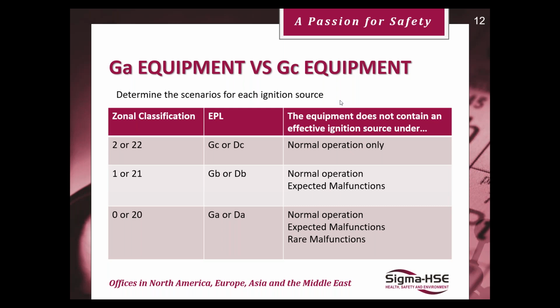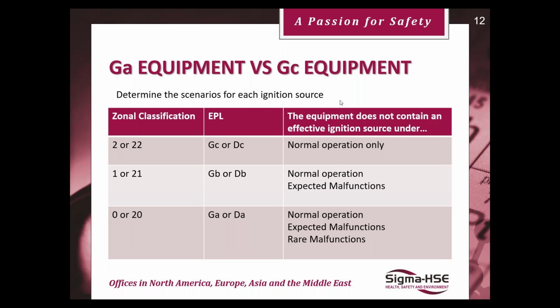So if I was assessing, for example, an equipment like a screw conveyor, and its zonal classification was only, say, a zone 22, you only have to consider scenarios for normal operations only. Each type of malfunction has its own types of scenarios.